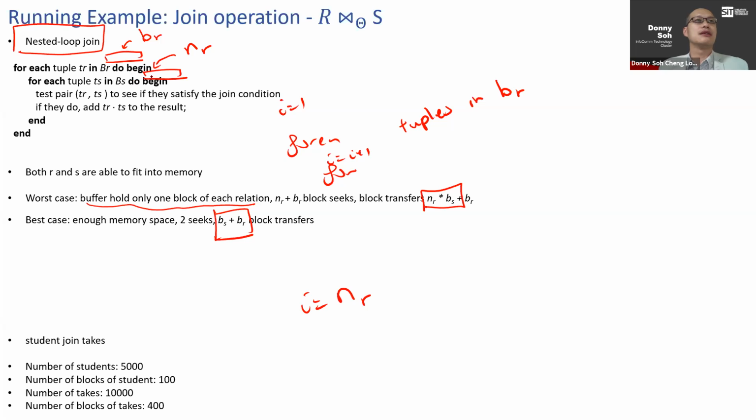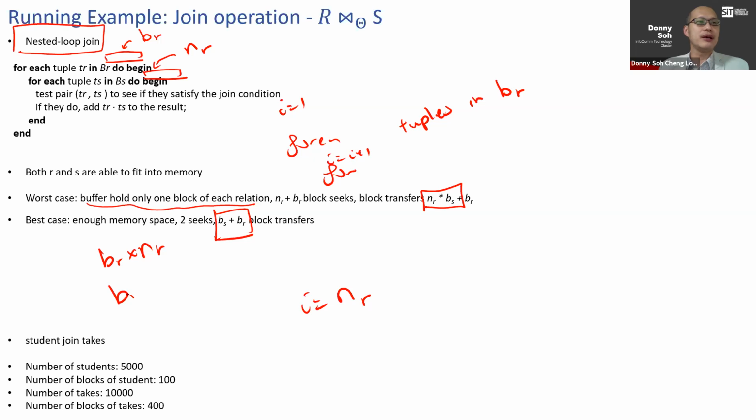So this accounts for this one, because this runs for NR number of times. If you want to say it's a multiplication, BR times NR, it is not this.